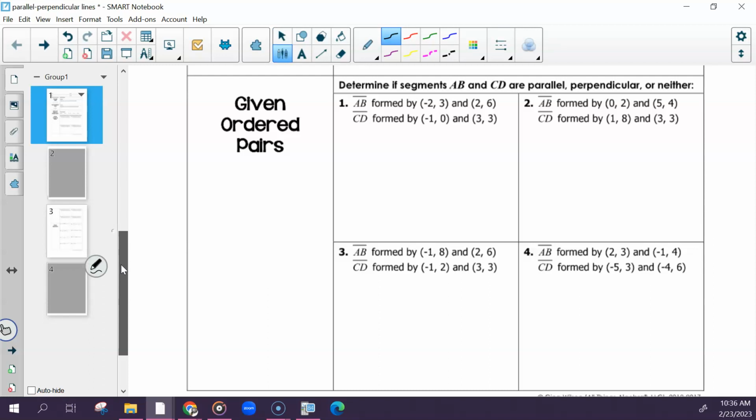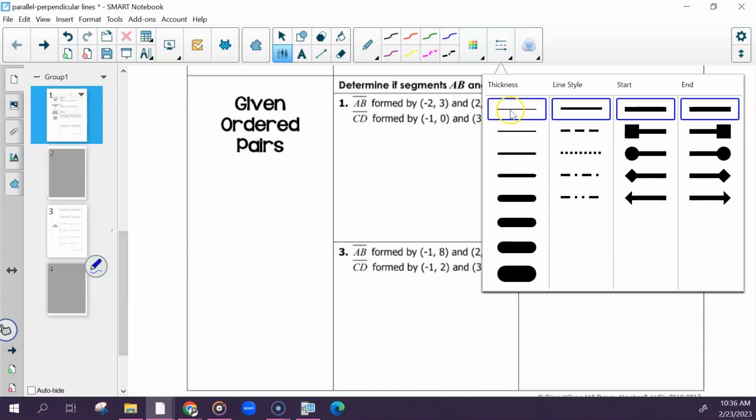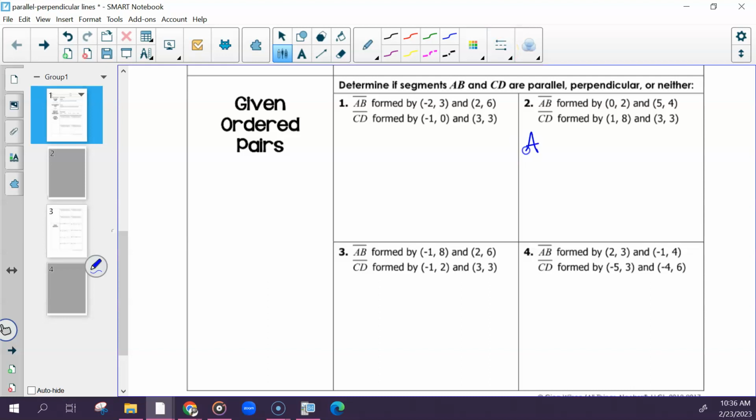Let's go ahead and find our slopes for A, B, and C, D. So AB would be 4 minus 2 over 5 minus 0.